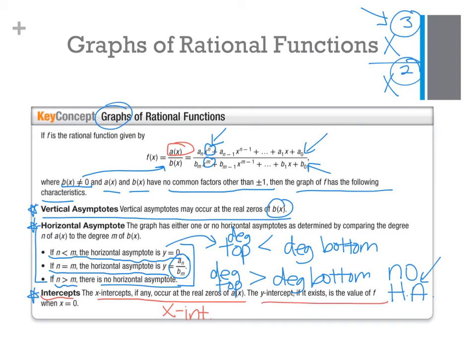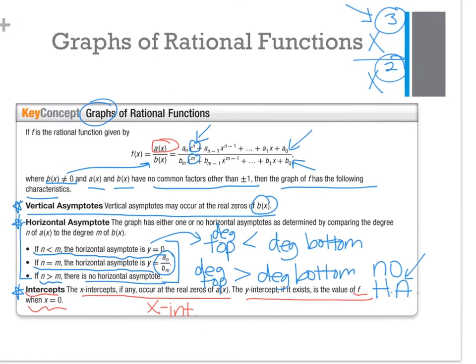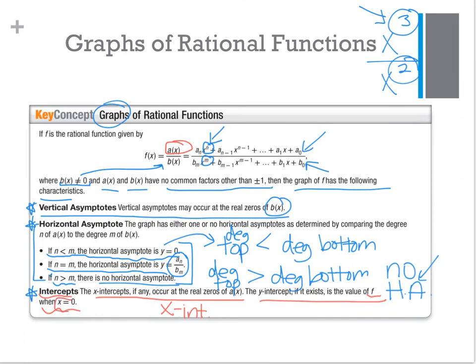The y-intercept is the value of the function f when x equals 0. Okay, so how do we find the y-intercept? We substitute x equals 0 into the function and solve for y.